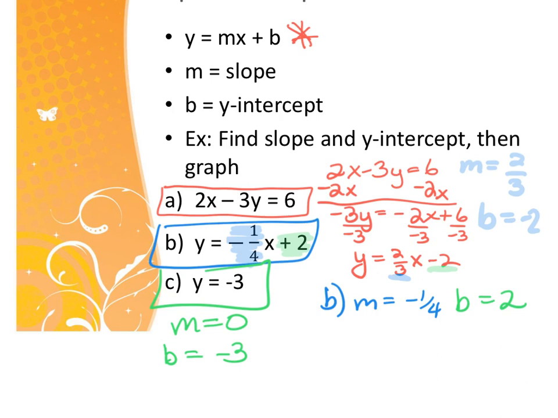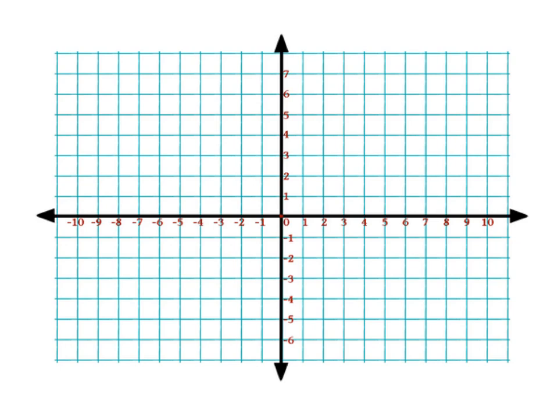And the first one is A. And again, I'm going to do that in red. And it was y equals 2/3 x minus 2. All right. So again, your format is y equals mx plus b. This b that's back here is the beginning point.